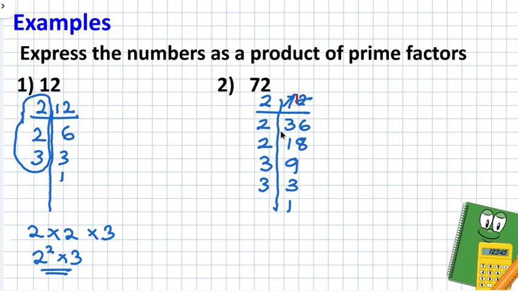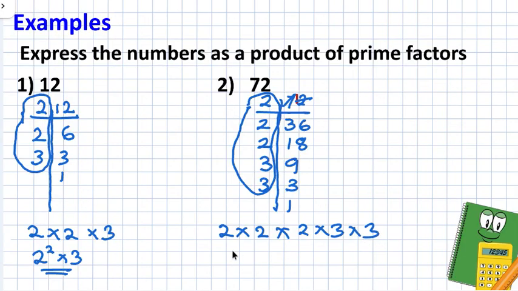So writing this out, I would have 2 times 2 times 2 times 3 times 3. So finally, the final form of our answer is going to be 2 to the power of 3, because I have 2 three times, times 3 to the power of 2. That's the final answer.